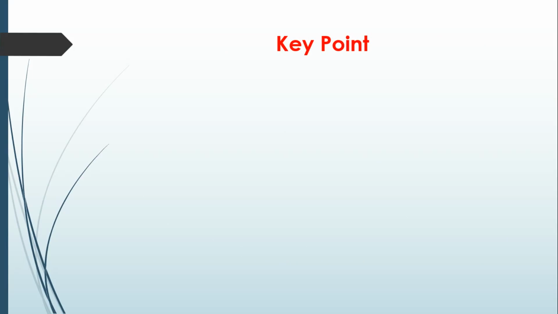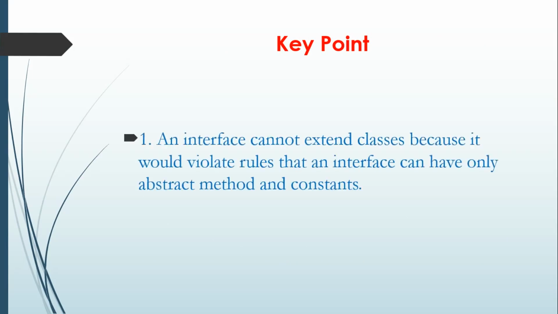Here are some key points regarding interfaces. An interface cannot extend a class because it would violate the rules of an interface, which can have only abstract methods and constants. We all know that interfaces provide the mechanism for 100% abstraction, so they have abstract methods and constant variables.